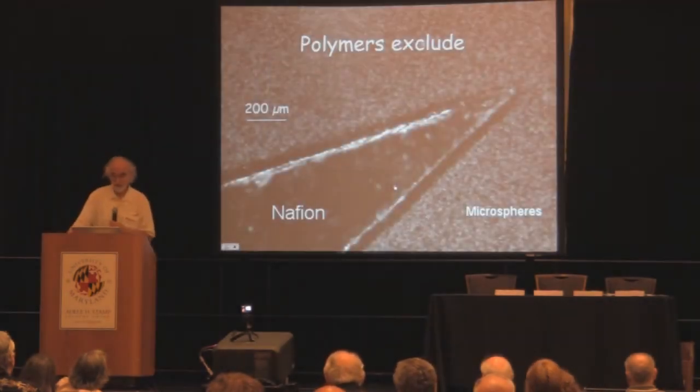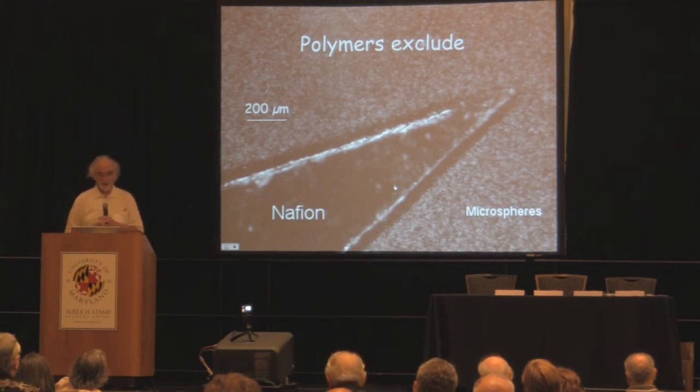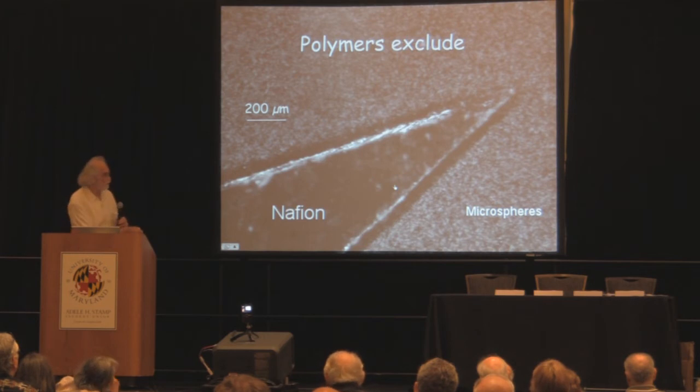The fourth category is polymers. We've tried many polymers. What you see here, this arrowhead shape, is a sheet of naphthalene, like a sheet of paper. Naphthalene is used often in fuel cells as the fuel cell membrane. So we take a sheet and we cut the sheet with a knife in this arrowhead form. We lay it down on the chamber, and then we pour in the microspheres in the water, which you can see here.